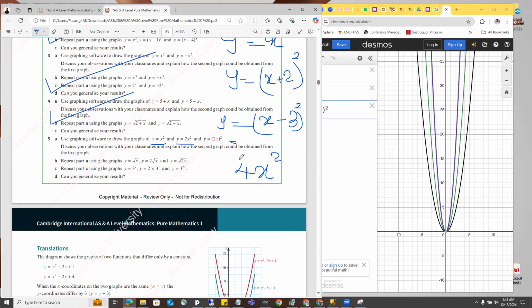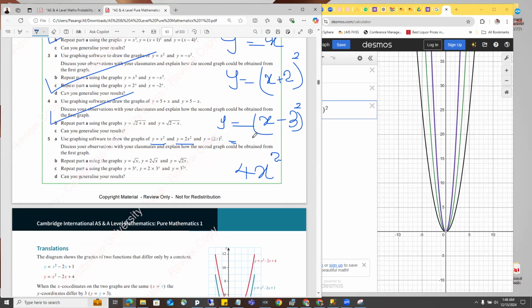Which means if it's 4x squared, then it has been narrowing down more, right?